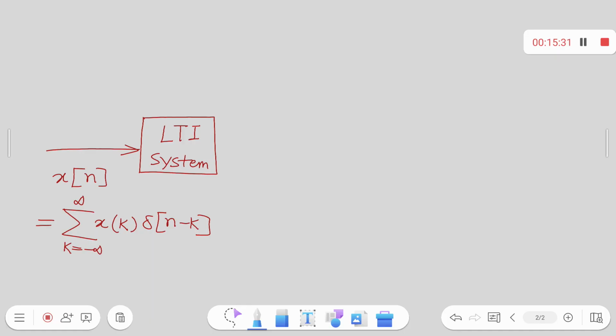What is our basic object? Suppose we have a black box. You know that this black box will perform some activity. So what do you want? As a layman, you'd like to know everything about the system. You'd like to explore the system. What are the properties of the system? Whether the system is causal, whether the system is stable, and for any given input, what should be the output of the system?